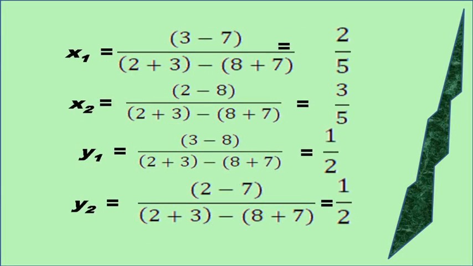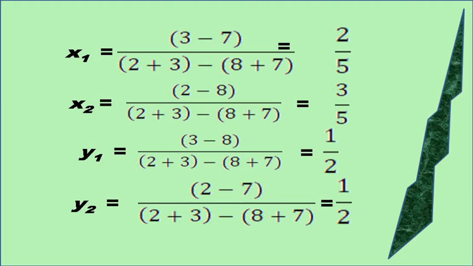If you put the values in these formulas, x1 will be (3 minus 7) divided by (2 plus 3 minus 8 minus 7), which is 2 by 5. Then x2 comes out to be 3 by 5, y1 is half, y2 is half.